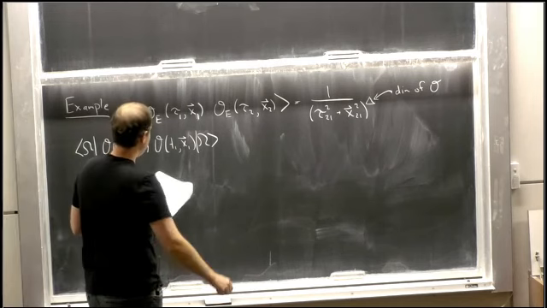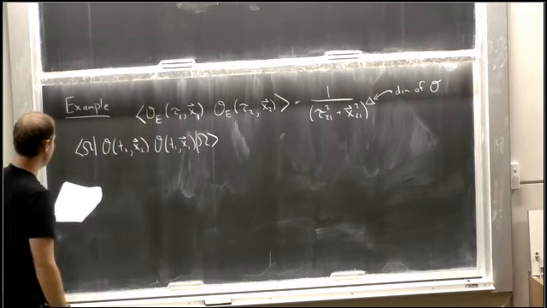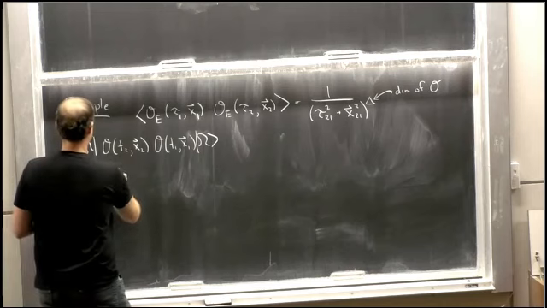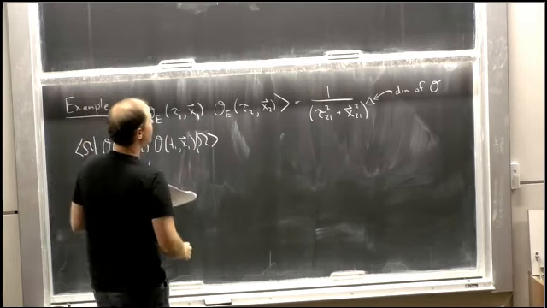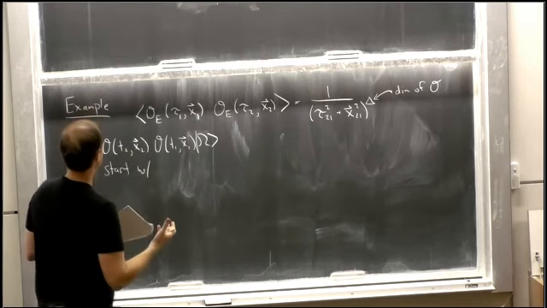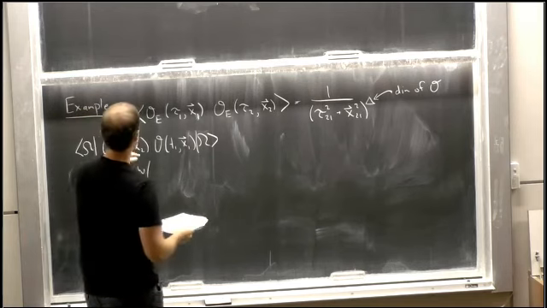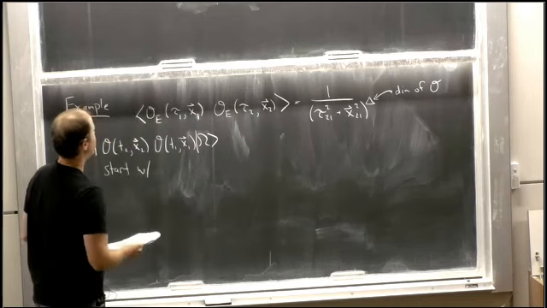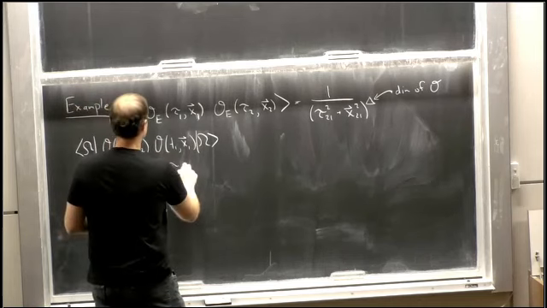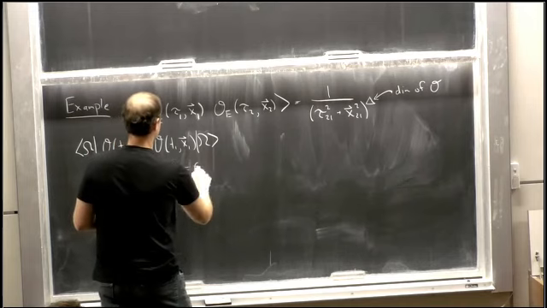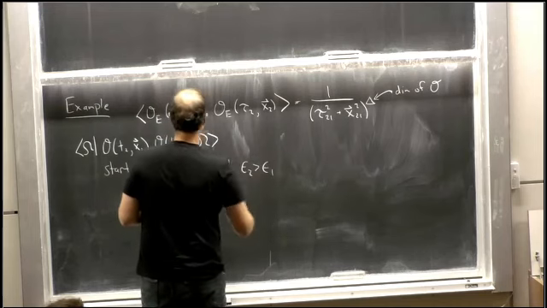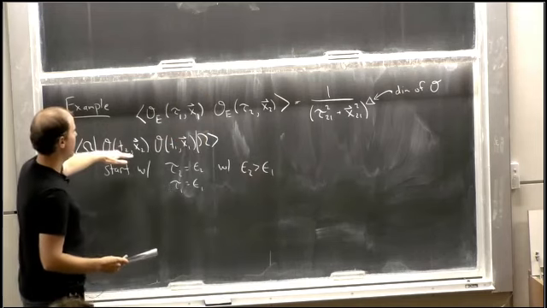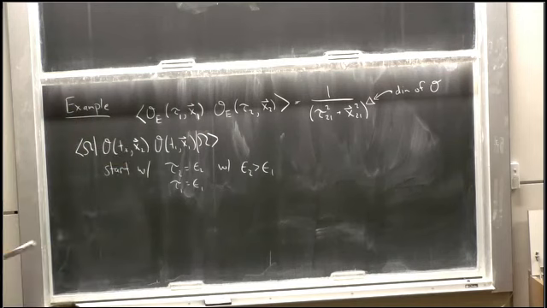Okay, so according to this prescription, what we should do is start by setting the Euclidean times equal to some values such that we can approach this correlator from within the regime of holomorphicity. So that means that we should set tau 2 equal to epsilon 2 and tau 1 equal to epsilon 1 with epsilon 2 bigger than epsilon 1. Okay? So the operator that's later in the correlator has to be at later Euclidean time.